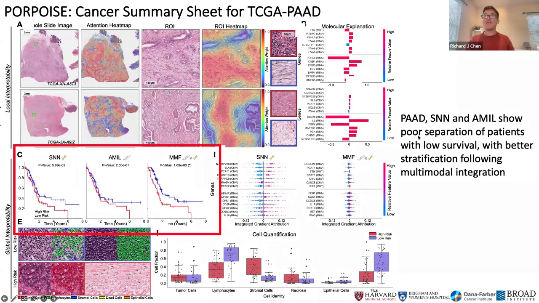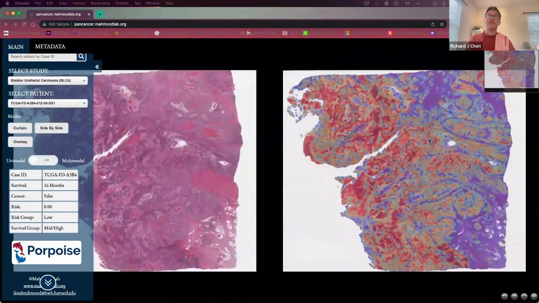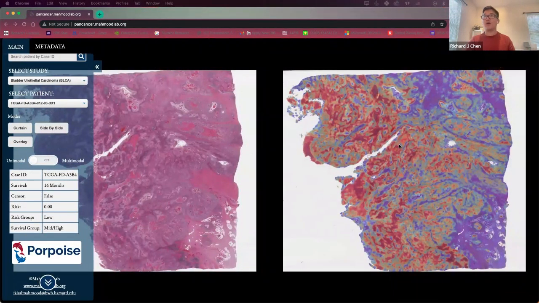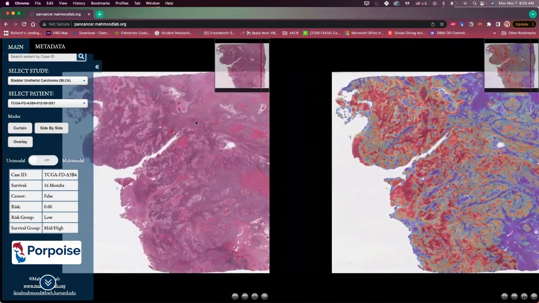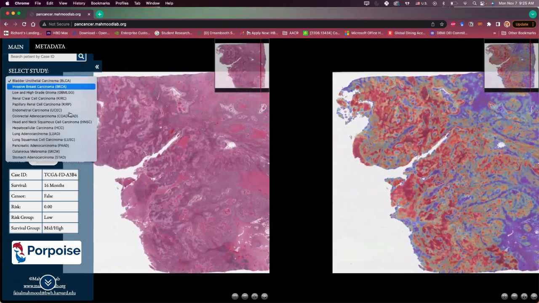But first I'll show the overview of this, and then I'll talk about some problems in training multimodal networks. I think there are dynamics in integrating pathology and genomics that haven't been elucidated yet, and I'll explain the future direction of that line of work.